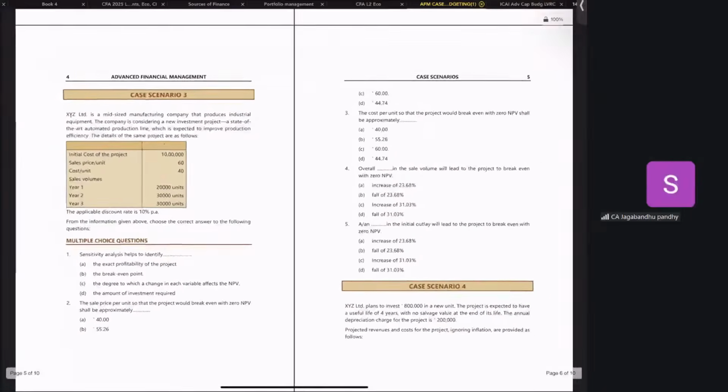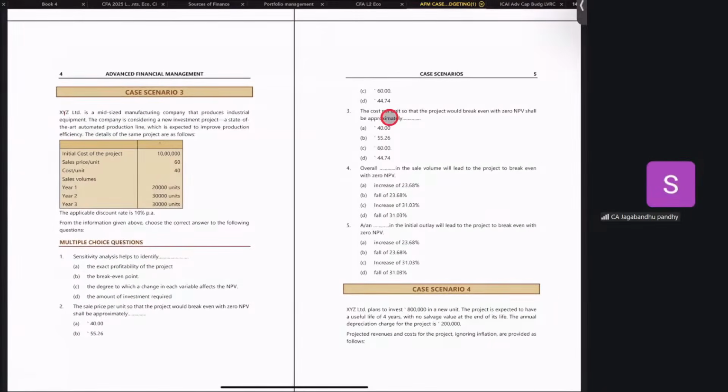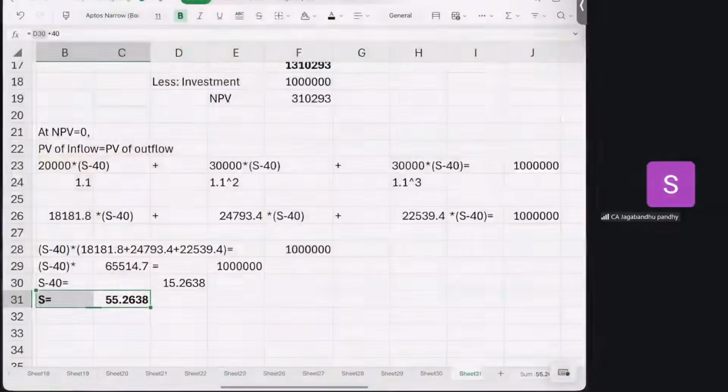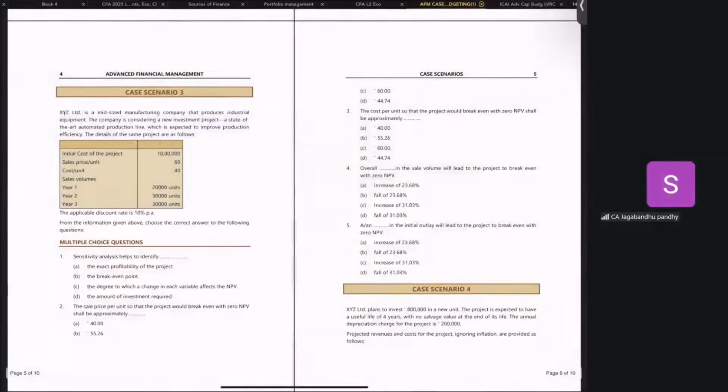Perfect. Then cost per unit, so that the project would break even with 0 NPV shall be approximately 44.74. How did you get it?